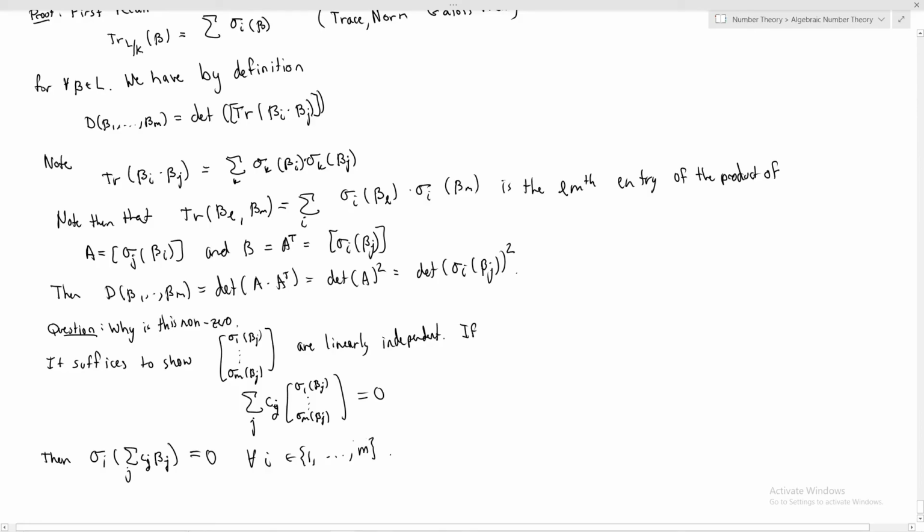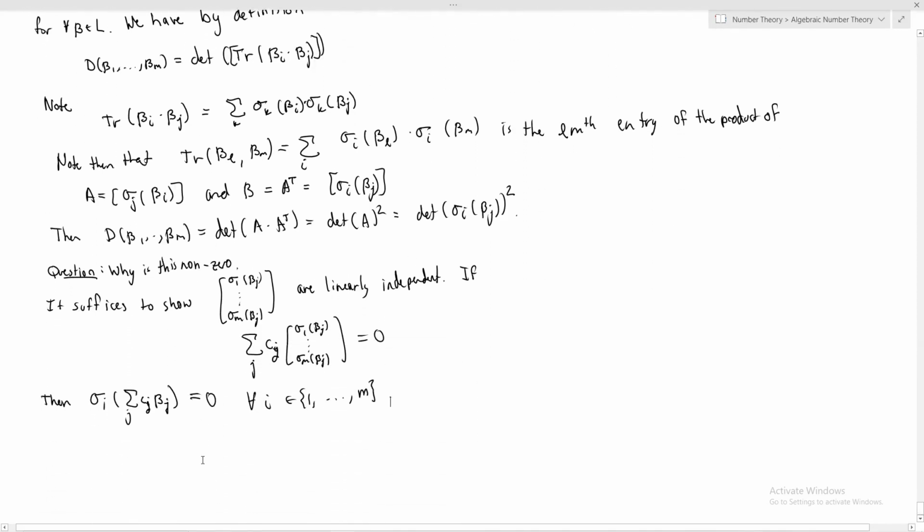So essentially I've got some linear combination of my basis which is in the kernel of all these sigma sub i's. Basically what I want to say is if all my Galois conjugates are 0, then that element has to be 0.